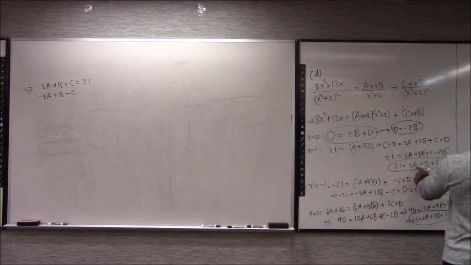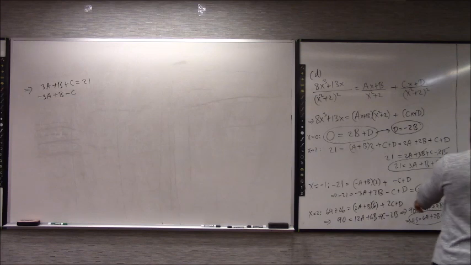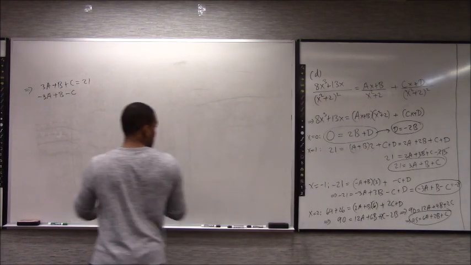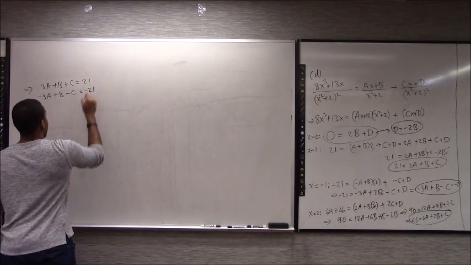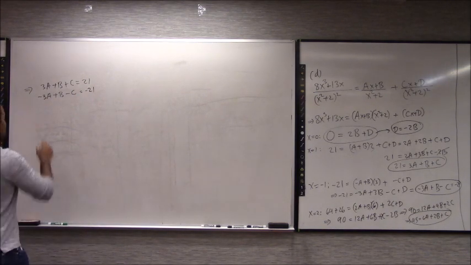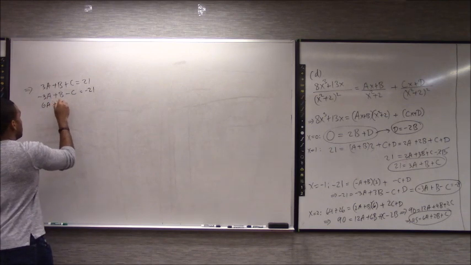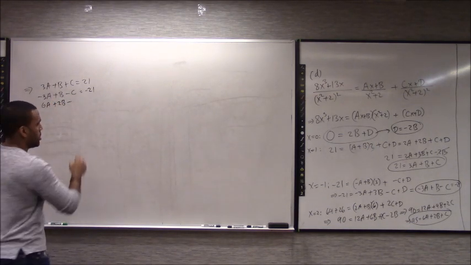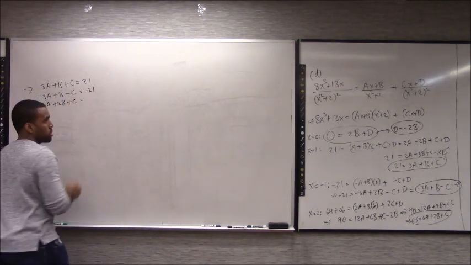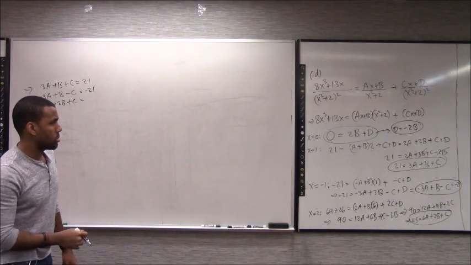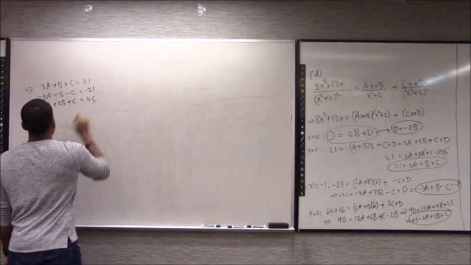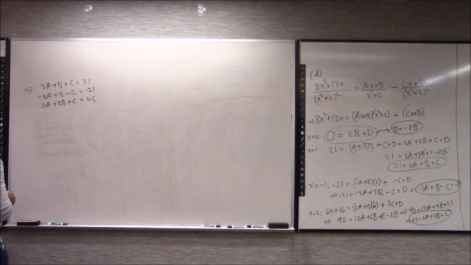I'm writing this one, and then this one is negative 3a plus b minus c equals minus 21, and then the last one is 6a plus 2b plus c equals 45. Okay, how do we go about this one?